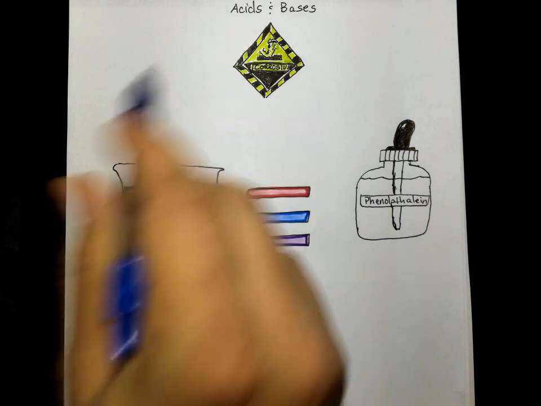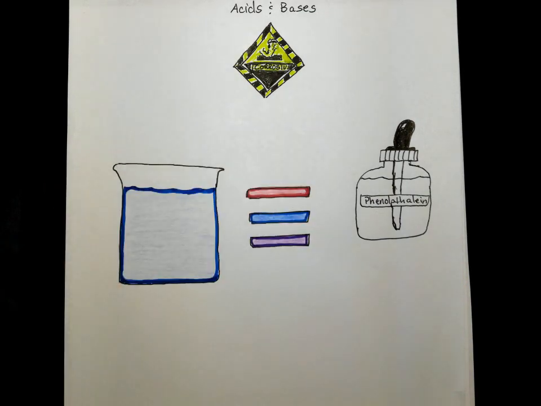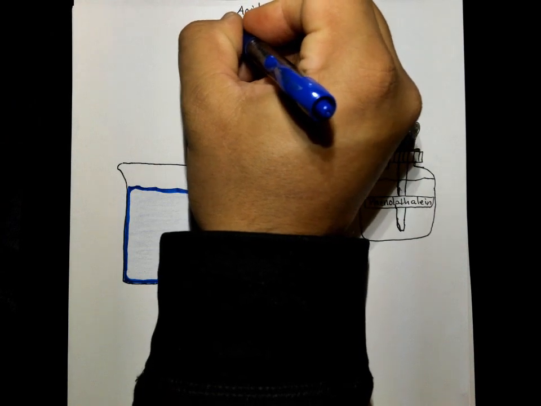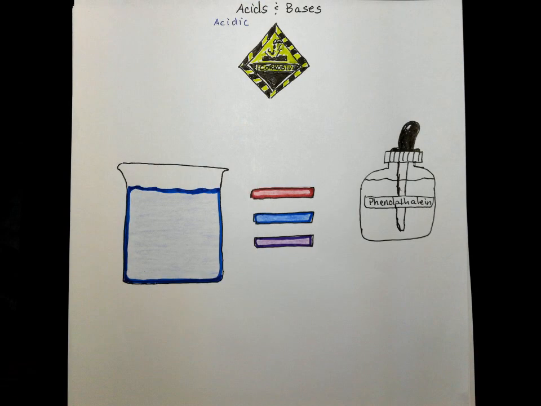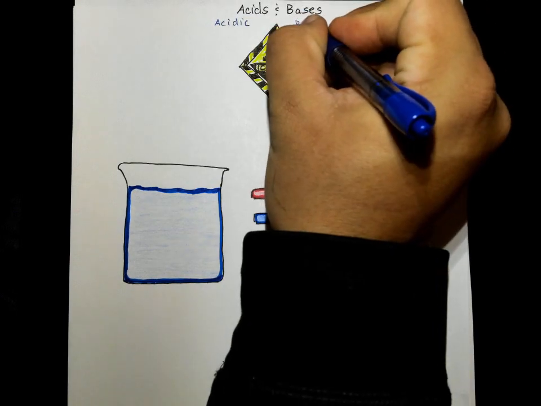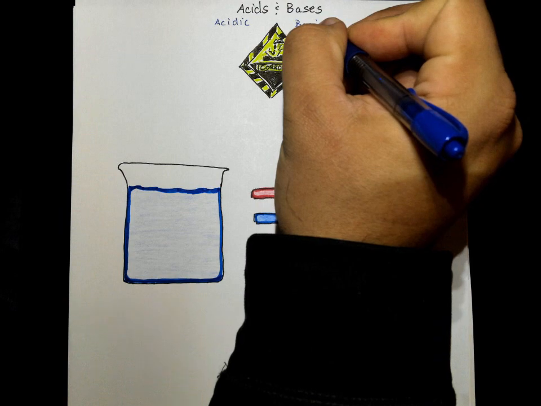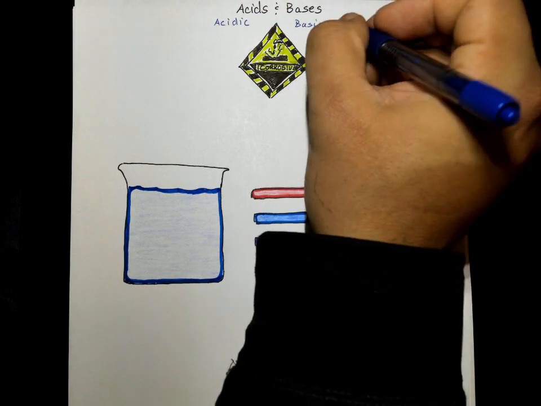When a solution is an acid, we say it's acidic. And when a solution is basic, well, we call it basic. But we also use another name called alkaline, alkalinity, right?